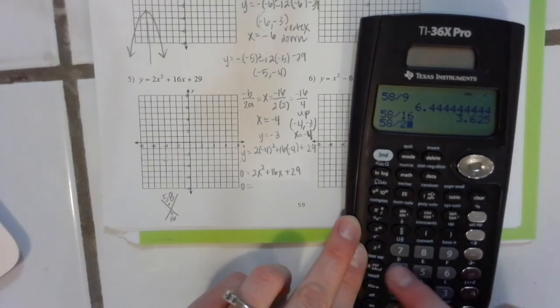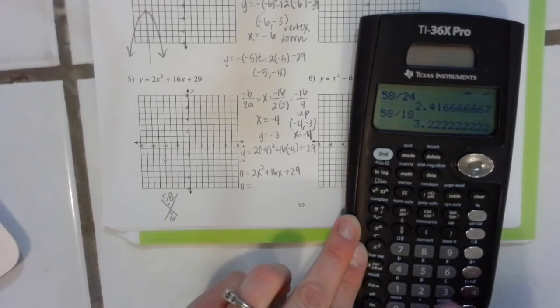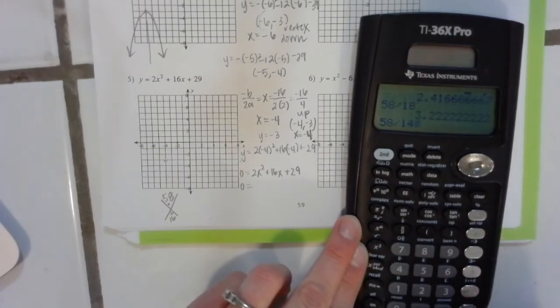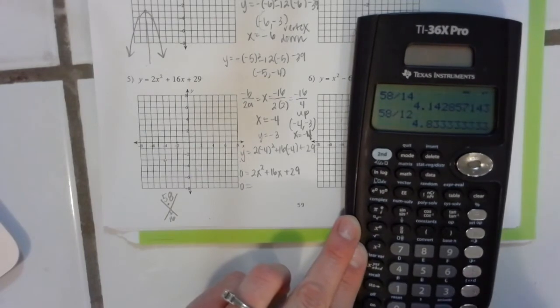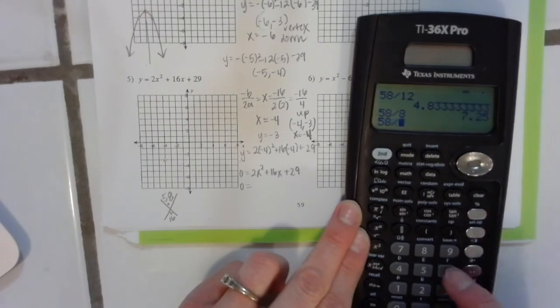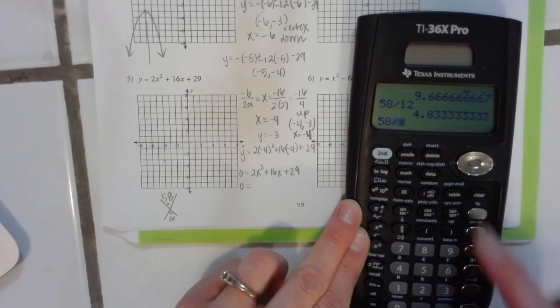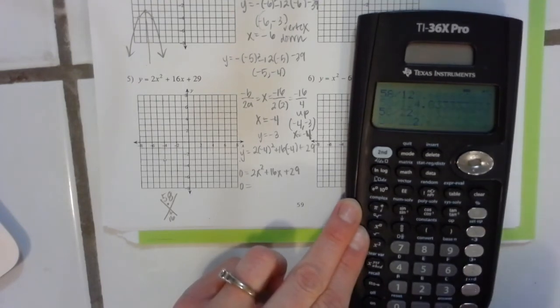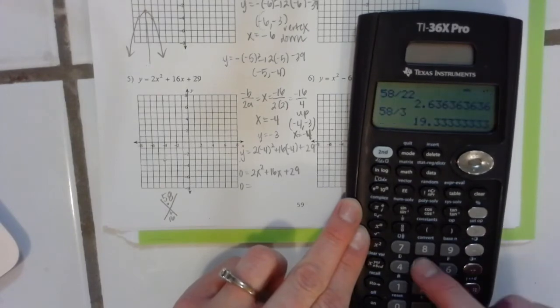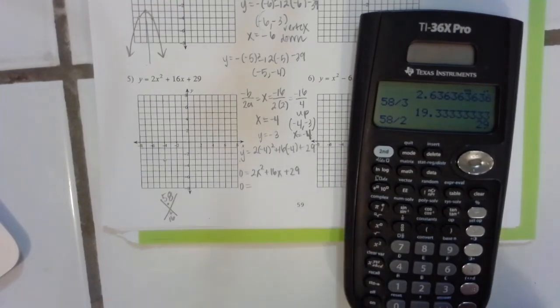Divided by... Did I do that one? Oh. 2 and 29. Okay, hold on. Let me make sure I'm doing this right.